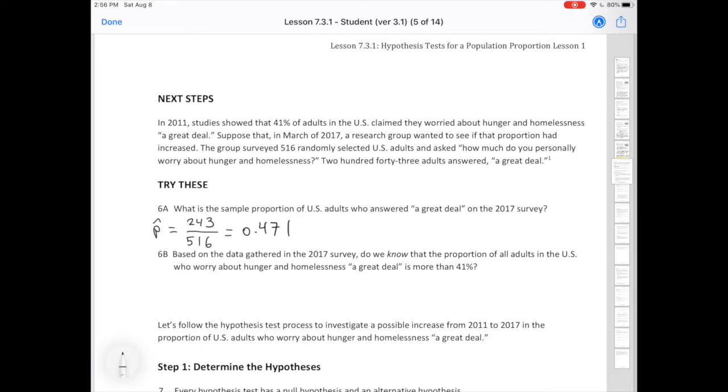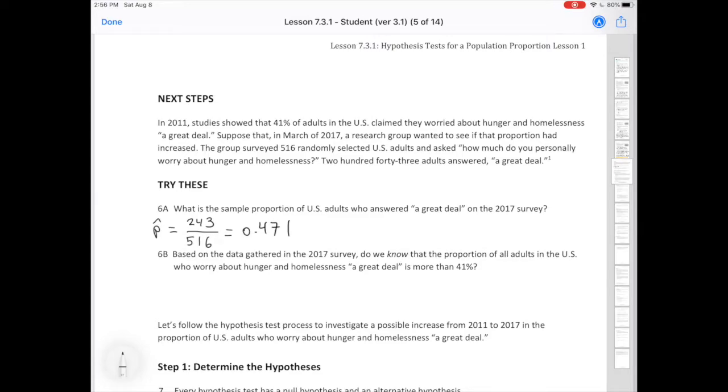Based on the data gathered in the 2017 survey, do we know that the population of all adults who worry about hunger and homelessness a great deal is more than 41%? So think about what they're saying. The research group thinks that more people care, right? They knew that 41% did back in 2011.